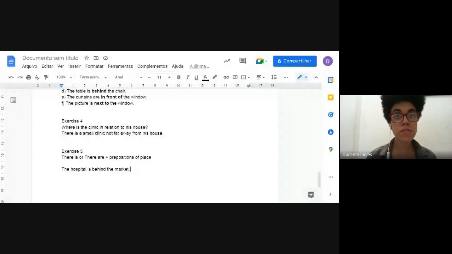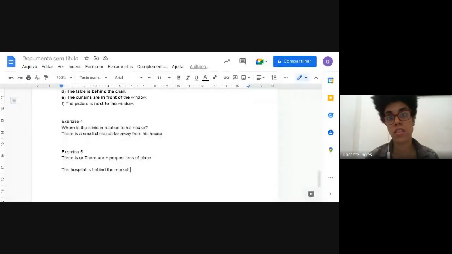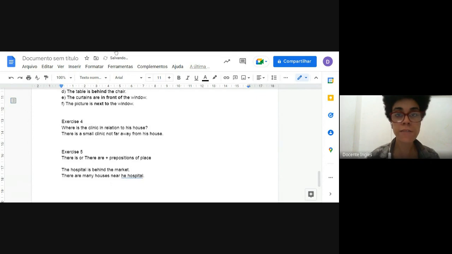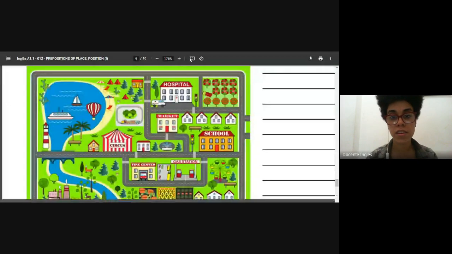We can also say that there are many houses near the hospital. Yeah, many houses near the hospital. Let's check.